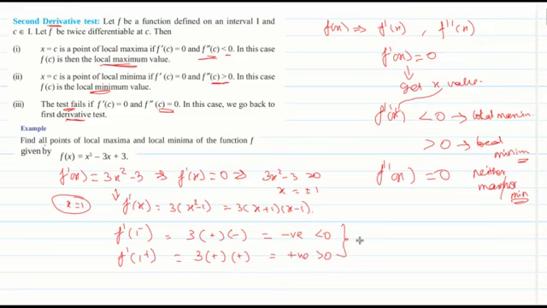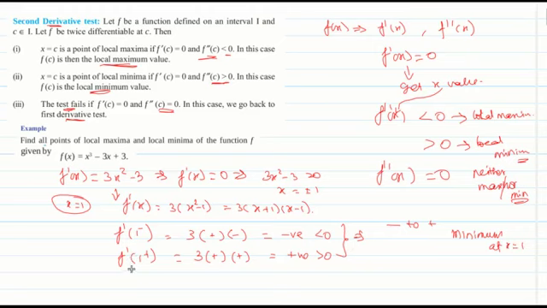So from this we can conclude f dash of 1 minus is negative and f dash of 1 plus is positive. It is from negative to positive. Okay, f dash of x going negative to positive means we can say it is a minimum at x is equal to 1.